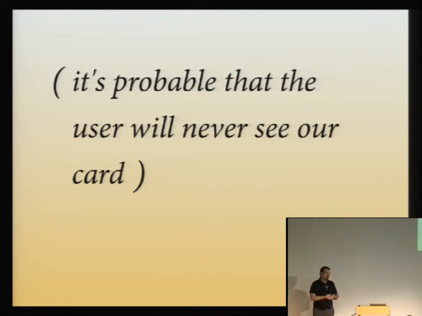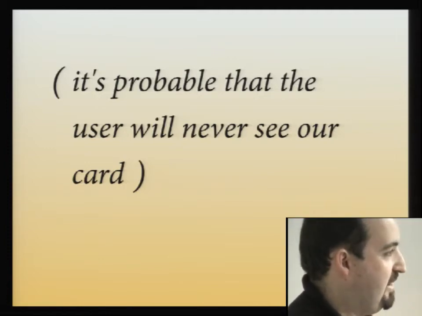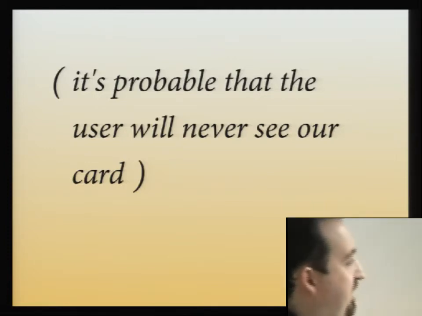And here comes the idea that it's probable the user will never see our card. Because if we are sending standard cards, all the cards are accumulated in my past. And the past is infinite. When you receive a new card, you get a notification. The notification is basically a sound saying, okay, you have something. When you have time and you want to, turn me on and I will show you the notification. It's not turning on by default.